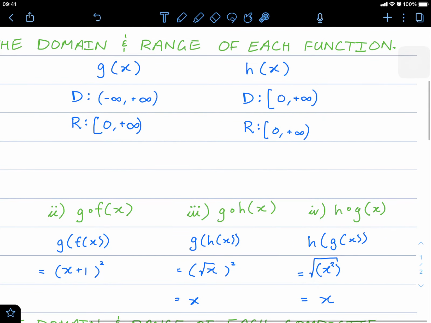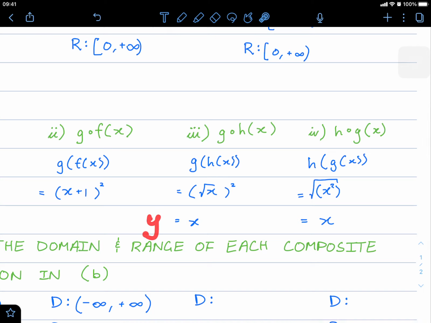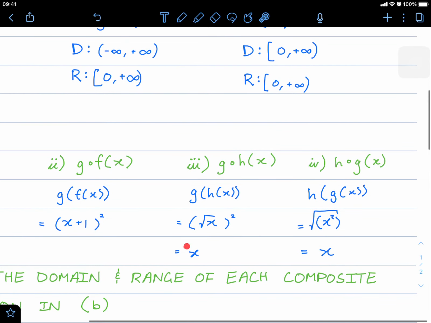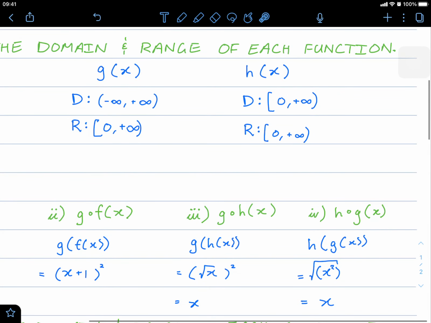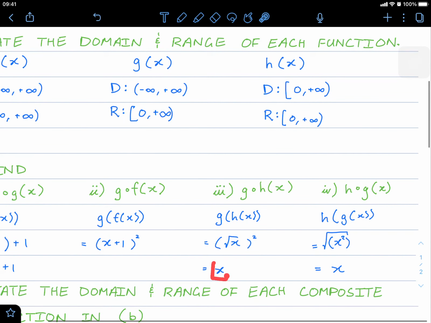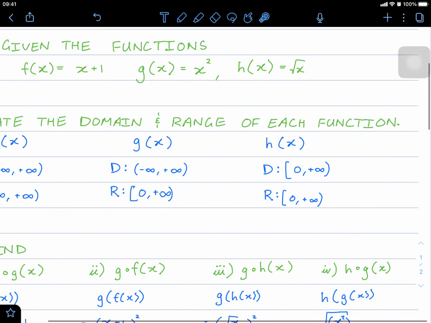What this means is, sure, y is equal to x, you can substitute negative numbers here. However, this resulted from square root x first. So before we can even substitute into x, we actually need to substitute here first.